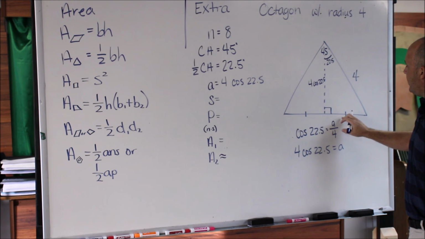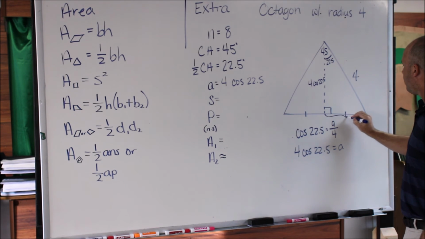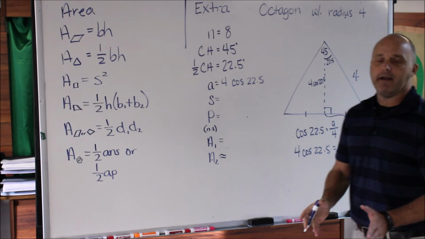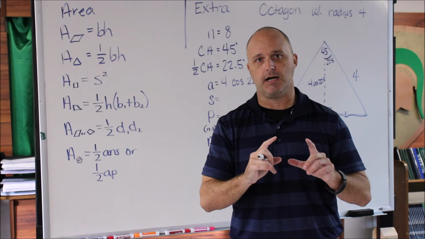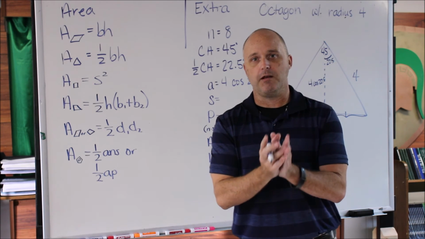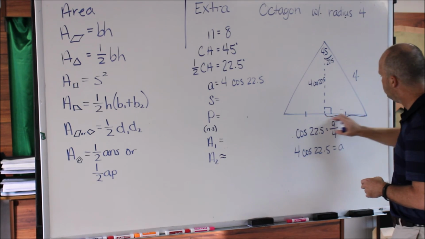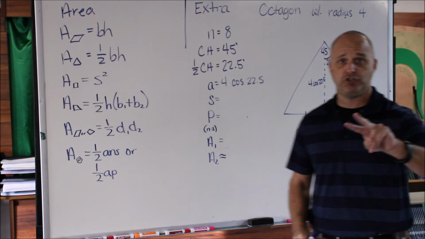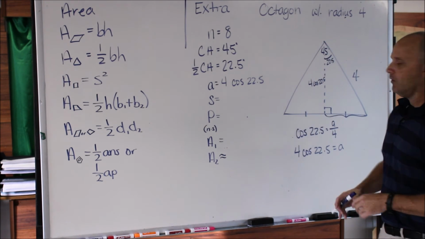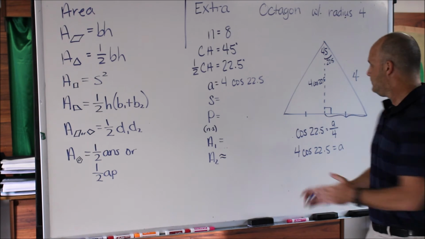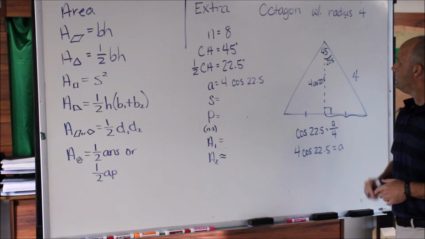Now I need to find this side right here. But remember that I'm only taking half of the side of the octagon. I need to then multiply whatever this solution is right here by 2 in order to get the full side length. So I need to figure out first what this half of the side is going to be.